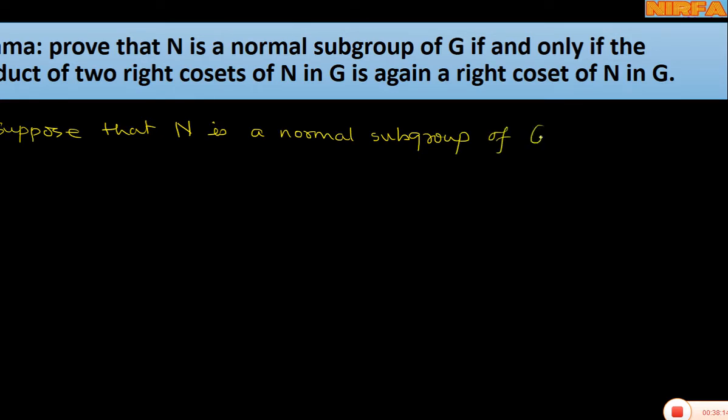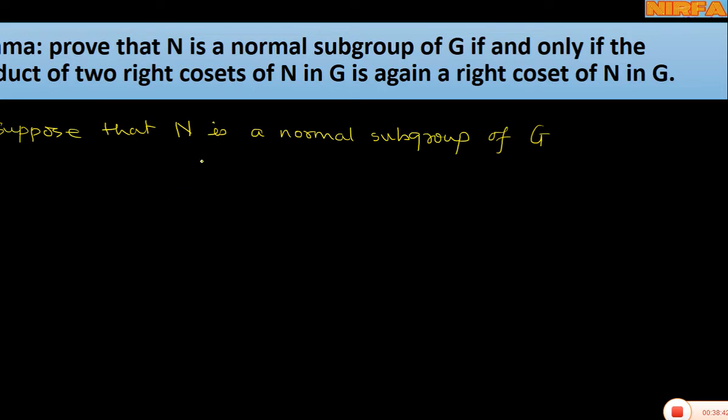Once we suppose that n is a normal subgroup of G, we may write according to definition g small n g inverse belongs to n, or according to first lemma g capital N g inverse is equal to n, or by previous lemma we may write left coset of n in G is equal to right coset of n in G. Right?